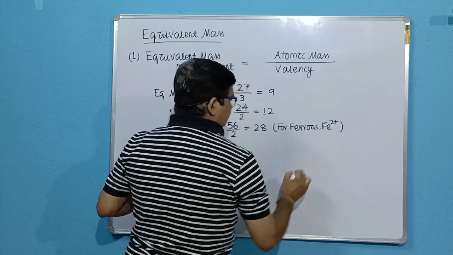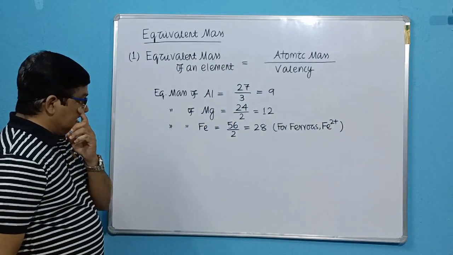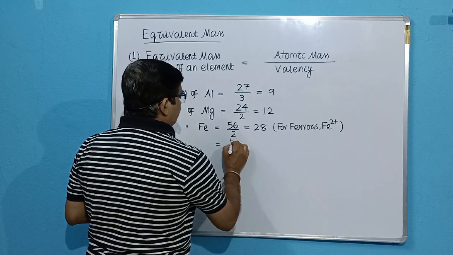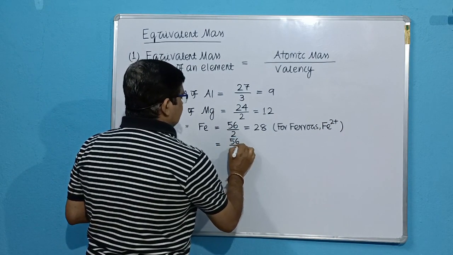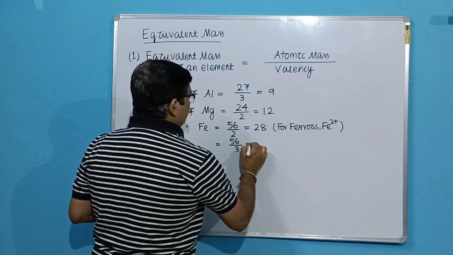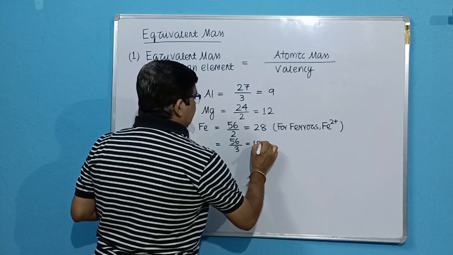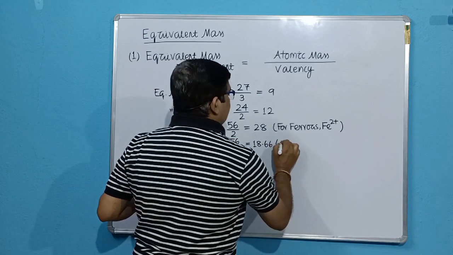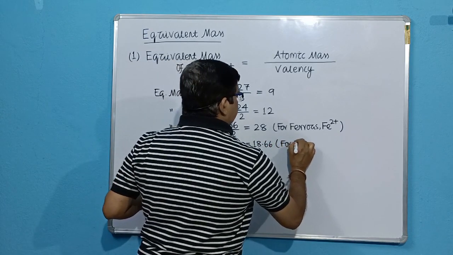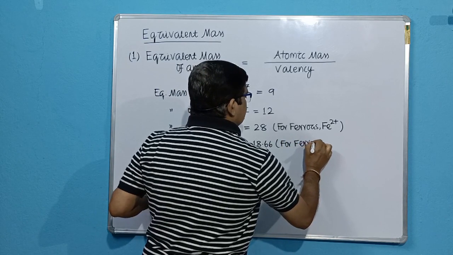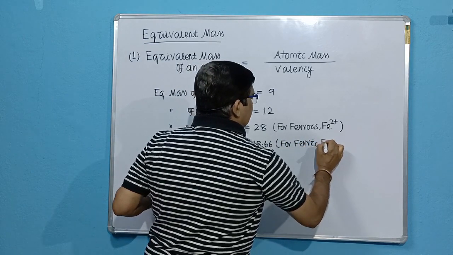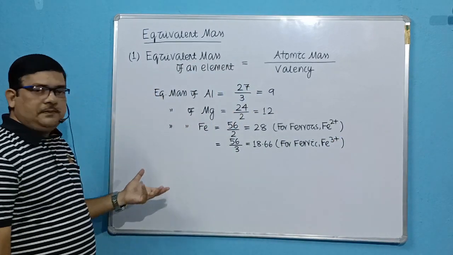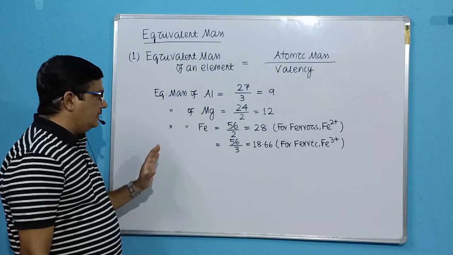This is called ferrous, because ferrous valency is 2. Similarly, it will be 56 by 3, that means 18.66 for what? For ferric, that is Fe3+.